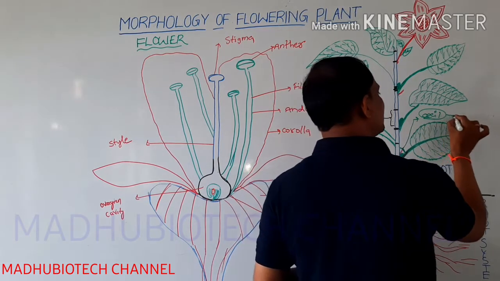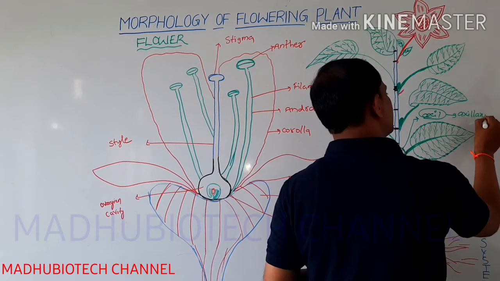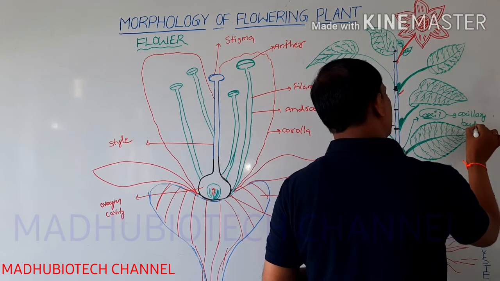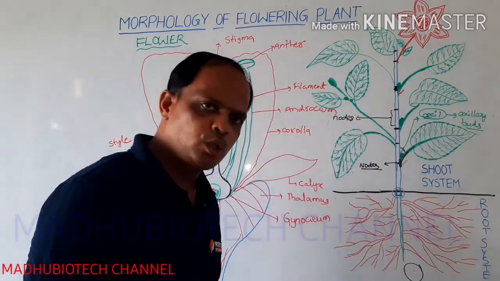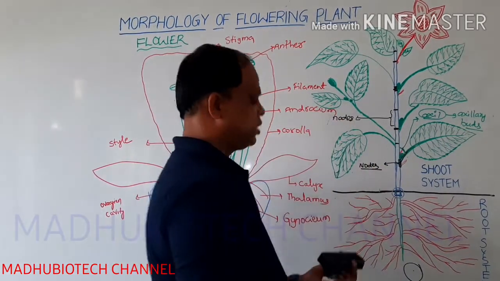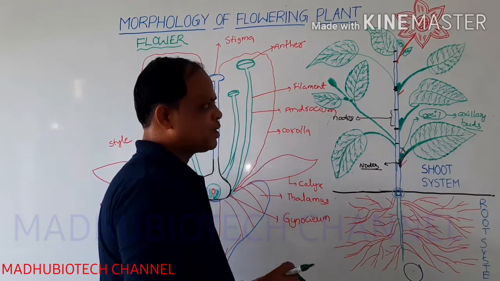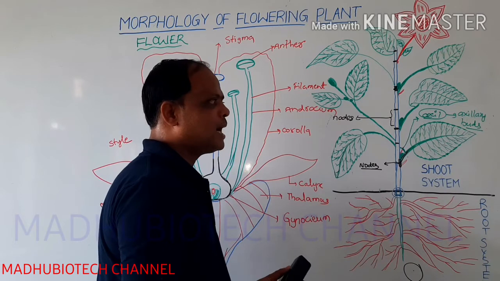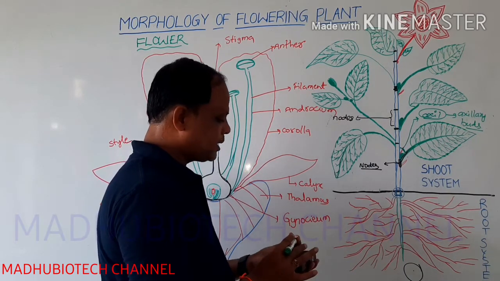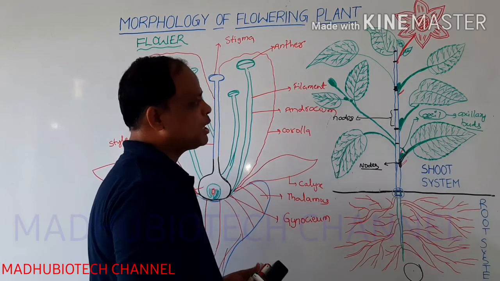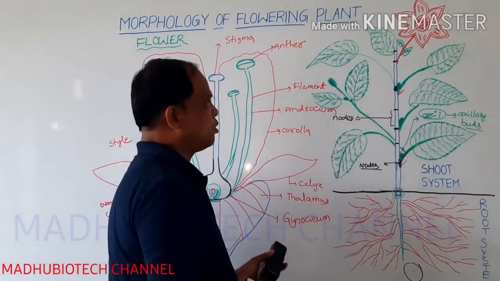The axil bears the axillary buds. Axillary buds and some terminal buds can develop into branches and flowers.